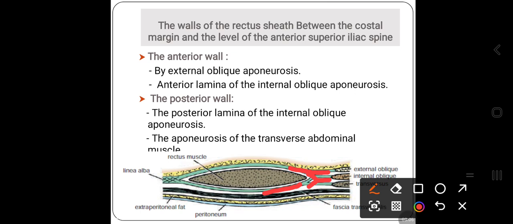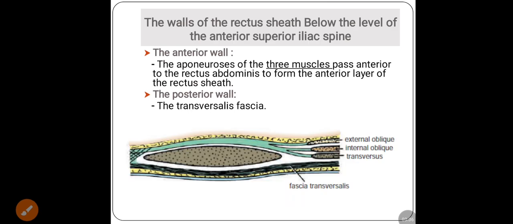So the anterior wall is formed by the aponeurosis of the external oblique plus the anterior lamina of the aponeurosis of the internal oblique. The posterior wall is formed by the aponeurosis of the transversus abdominis plus the posterior lamina of the aponeurosis of the internal oblique.